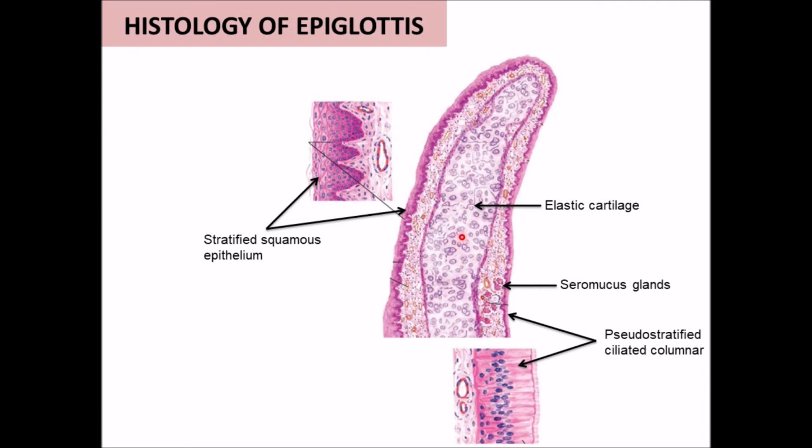Deeper to the lamina propria, the main skeletal framework of the epiglottis is formed by the elastic cartilage, which shows the perichondrium and the elastic cartilage, and these are the chondrocytes of the elastic cartilage along with the elastic fibers.